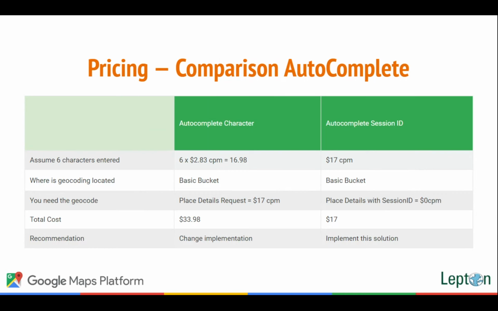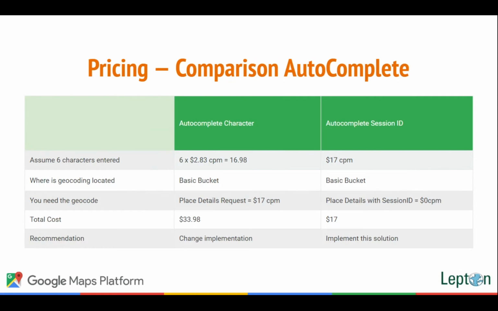So there, my cost per thousand calls will be $16.98, because per thousand characters is $2.83, and for every search I'm typing 6 characters. So 6 characters per thousand calls will be equal to $16.98. So in comparison, for all 1,000 calls, I will be charged at the rate of $17.